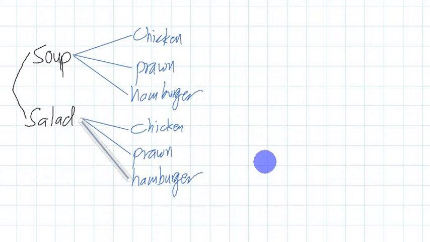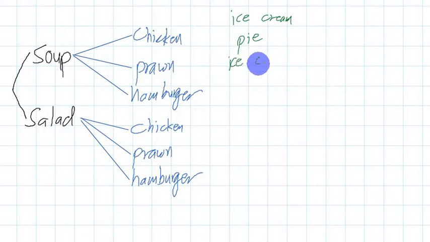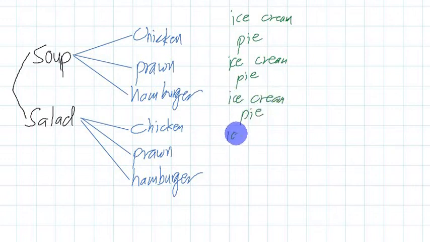Now, after the main, we have two desserts, ice cream or pie. So after eating my main, if I chose chicken, I can have ice cream or pie. If I ate prawns, I can still have ice cream or pie. And so on, because these are the two choices of desserts that we have: ice cream, pie.